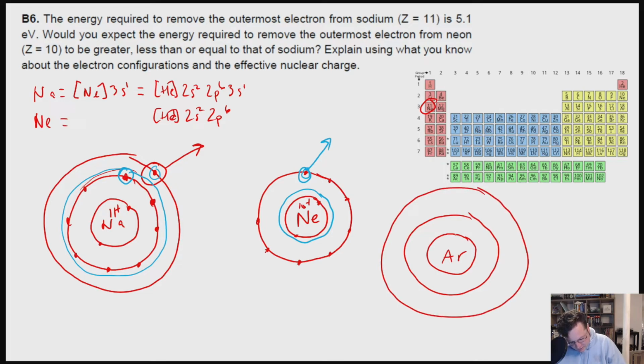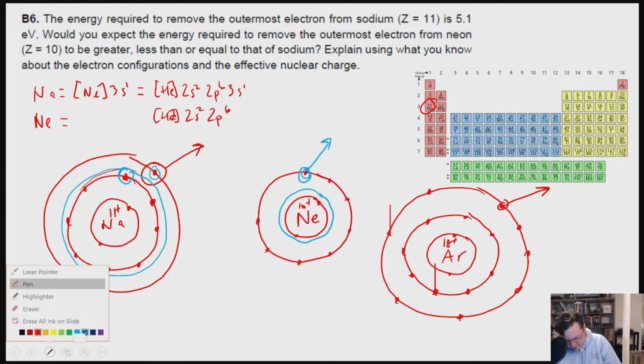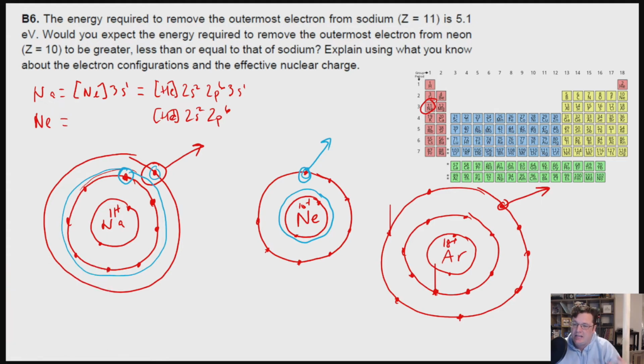You have 1, 2, 1, 2, 3, 4, 5, 6, 7, 8, 1, 2, 3, 4, 5, 6, 7, 8. Taking off an electron from argon, so argon is 18 plus, is still going to be less energy intensive than taking an electron off the neon.